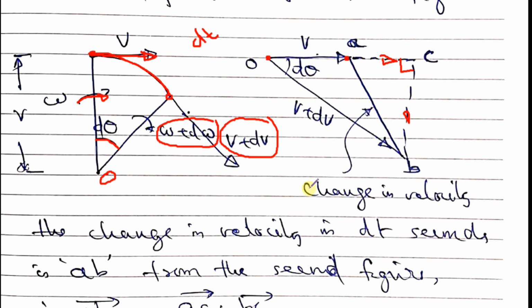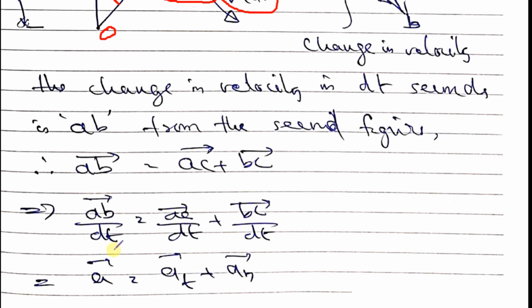And we can see that AC and BC are components of AB. Then if we divide this equation by dt, we get AB by dt is equal to AC by dt plus BC by dt.